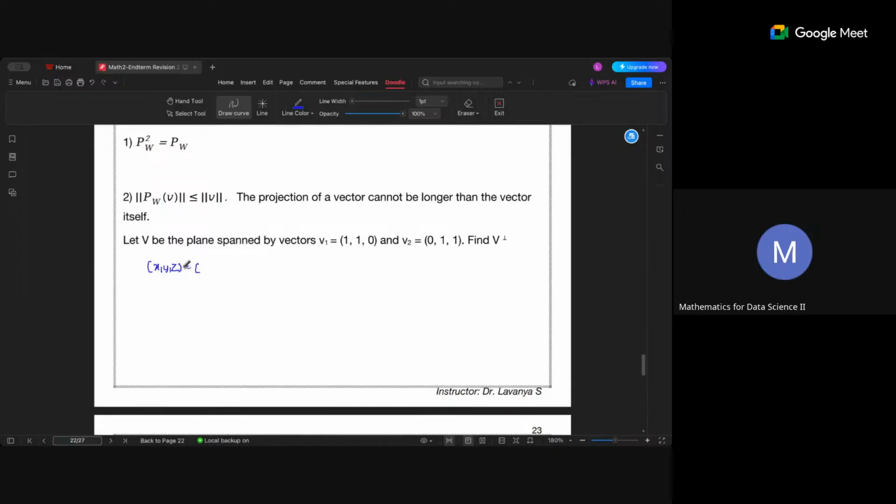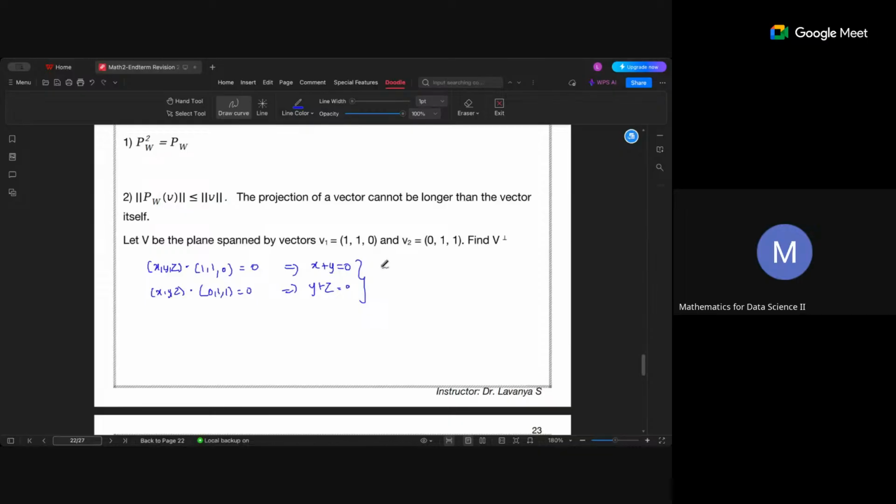Let's say it is orthogonal to 1 comma 1 comma 0. So what will you get? x plus y equals 0. And x comma y comma z dot product with 0 comma 1 comma 1 is 0. So what does that give you? y plus z equals 0.